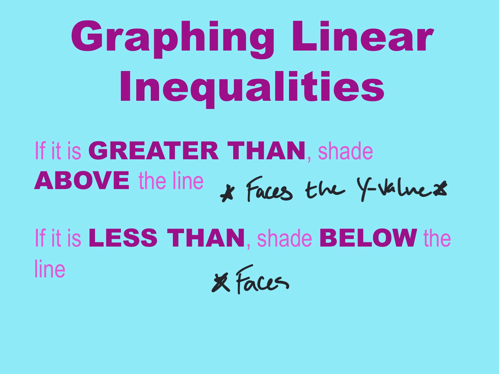If it faces the expression, then you shade below. Typically, how I talk about it is, hey, does it face the Y or does it not face the Y? That is the verbiage you will hear me use.